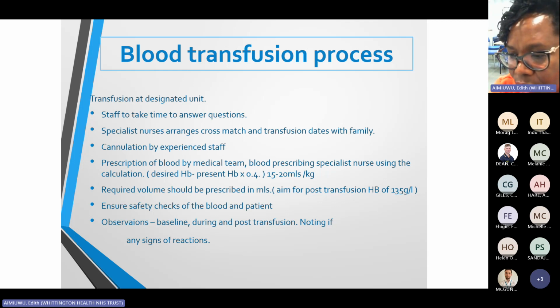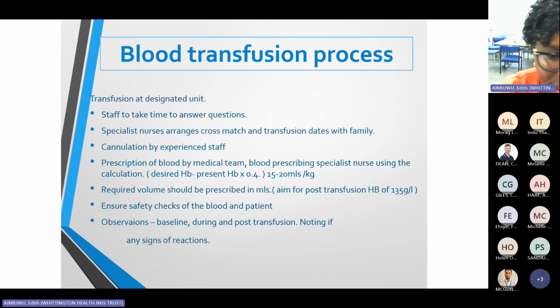There should be a specialist nurse who coordinates the care of these children with thalassemia and makes the arrangements of the cross-match, ensuring it fits with the family system, because it's a chronic illness. There's no point booking a blood transfusion when you know it's going to disrupt the whole family. So from the beginning, you liaise with the parents, see what is convenient for everyone, both the system, the units, and the parents, then arrange a blood transfusion for those days.